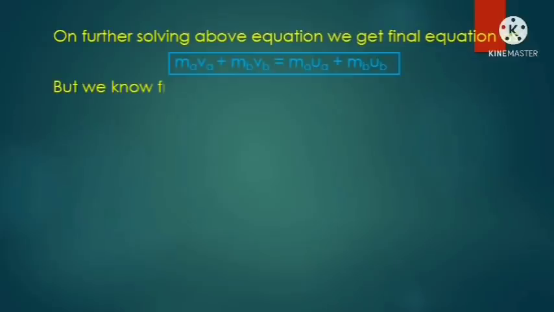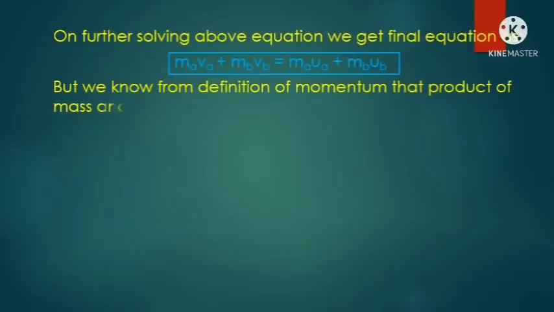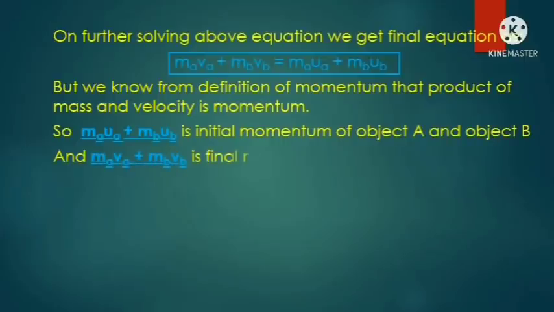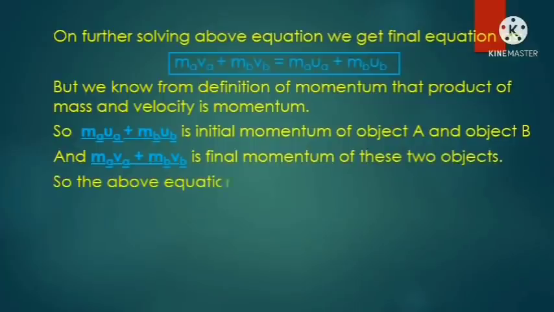But we know from the definition of momentum that momentum is the product of mass and velocity. So MA UA plus MB UB is the initial momentum of object A and object B, and MA VA plus MB VB is the final momentum of these two objects.